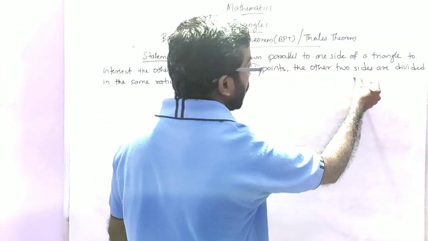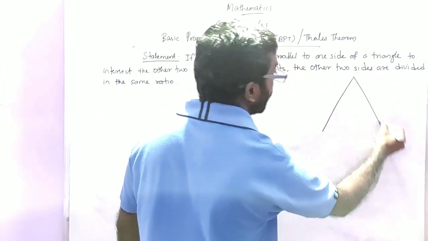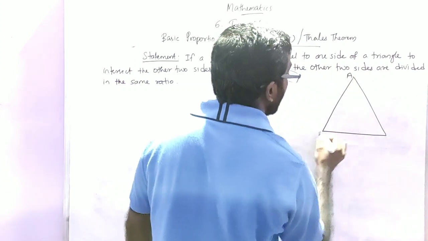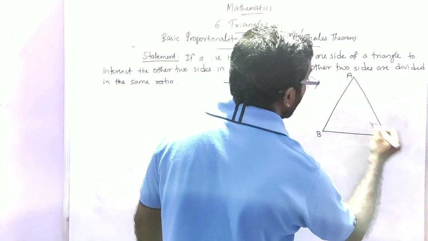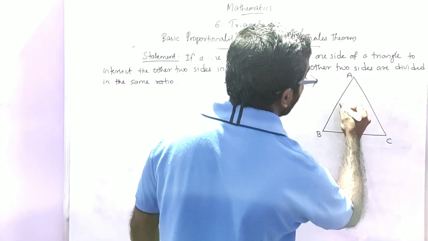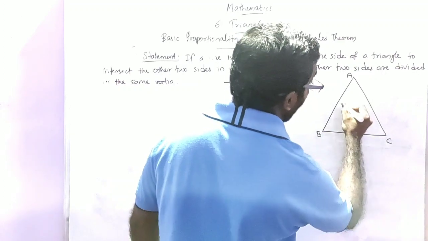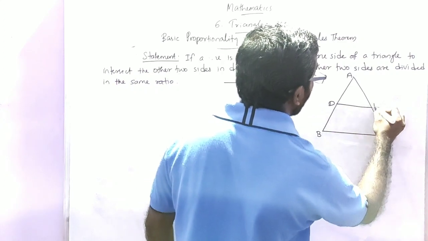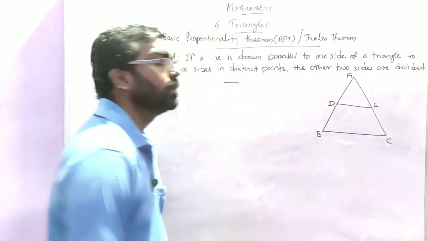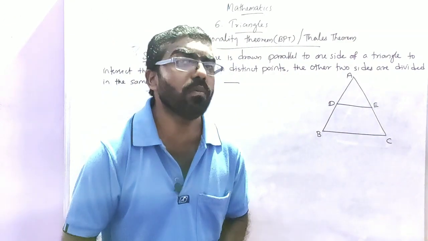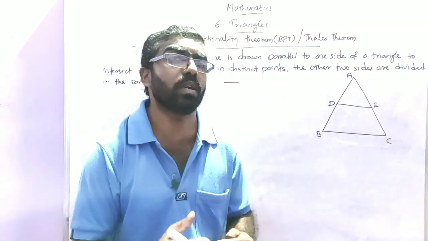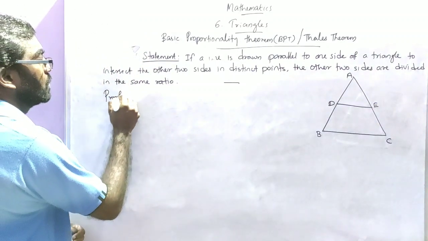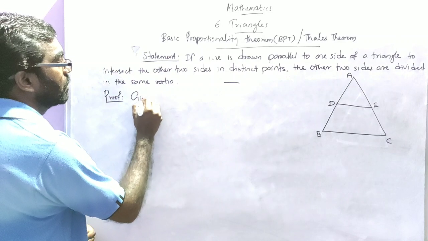So we are given a triangle ABC in which a line is parallel to one side. I draw a line DE which is parallel to BC. Here, I divide the proof of the theorem into different parts. The first one is Given.